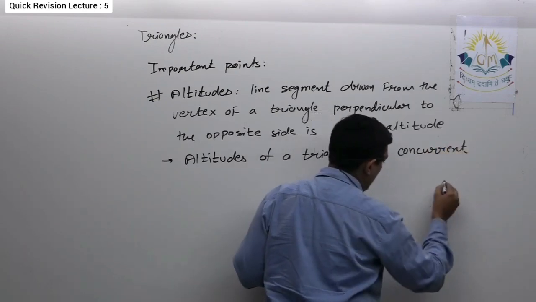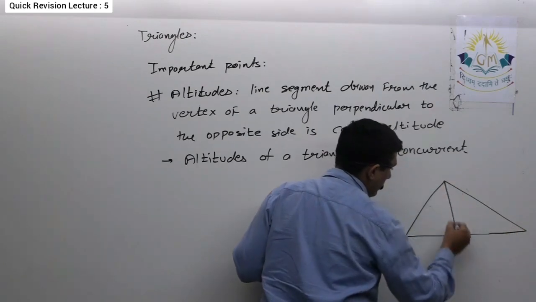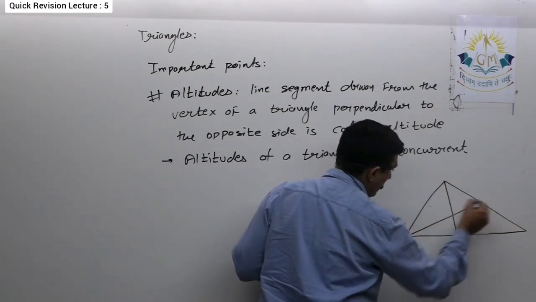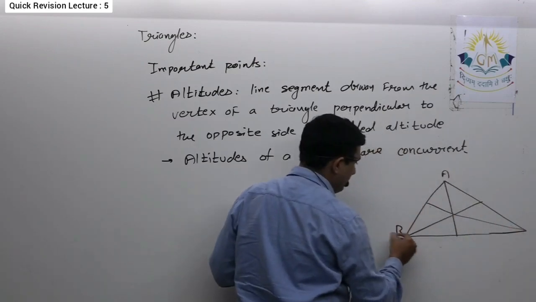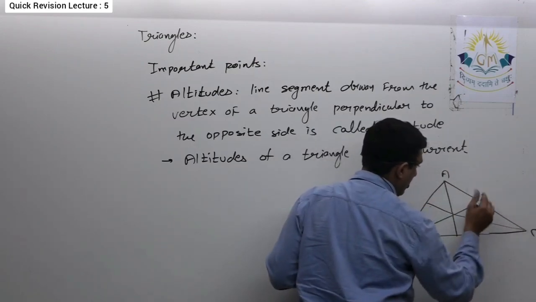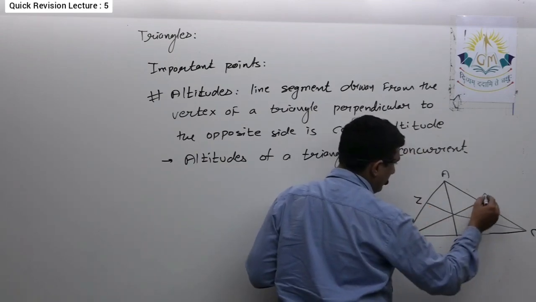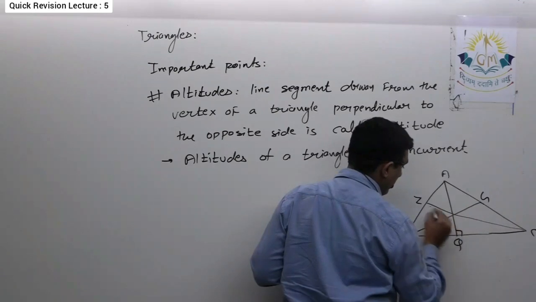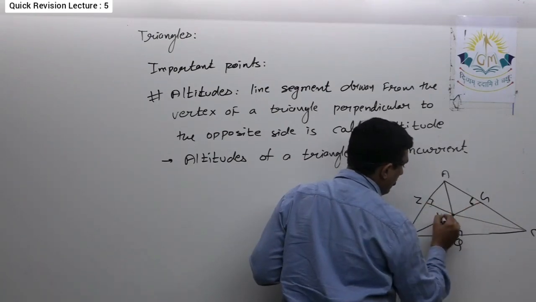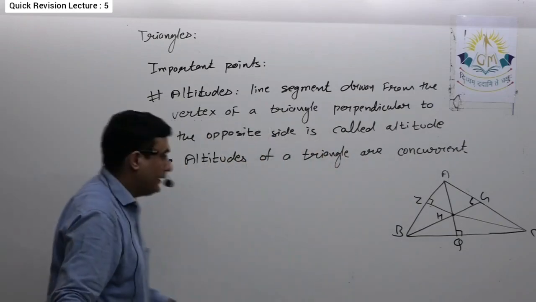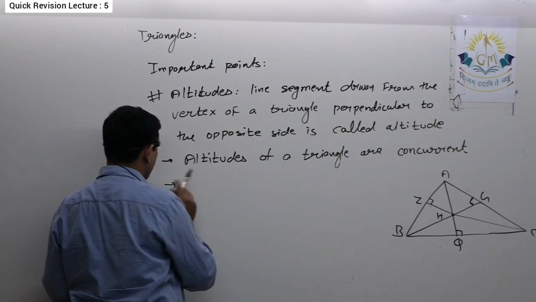Suppose we have a triangle in this way, ABC. This is the altitude, this is the altitude, and this is the altitude: AQ, CZ, and BG. They meet at one point, and this point is called the orthocenter, denoted by H. So altitudes of a triangle are concurrent.